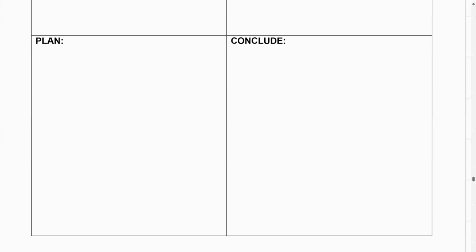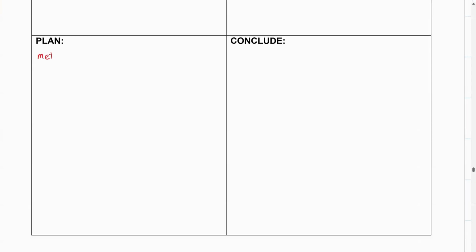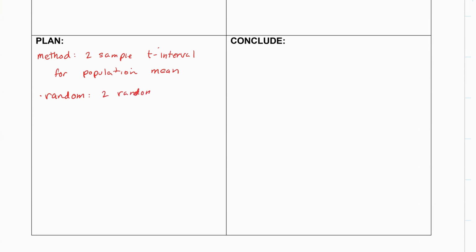Going on to the plan step, one more time with our method name, the 2 sample T interval for population mean. For our random condition, we need 2 random samples. And we have them.